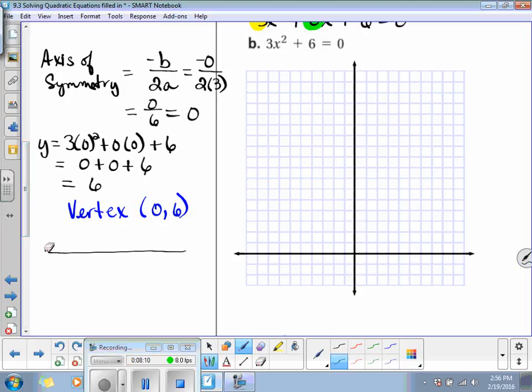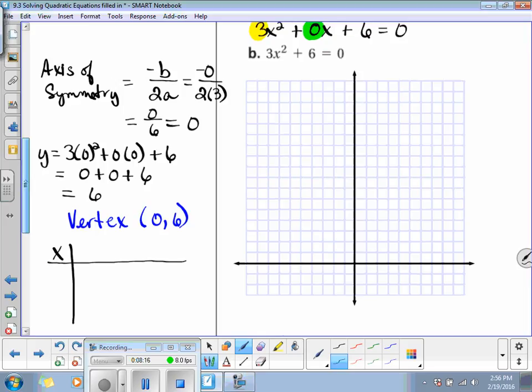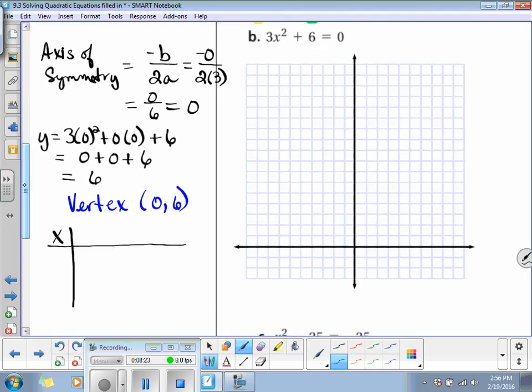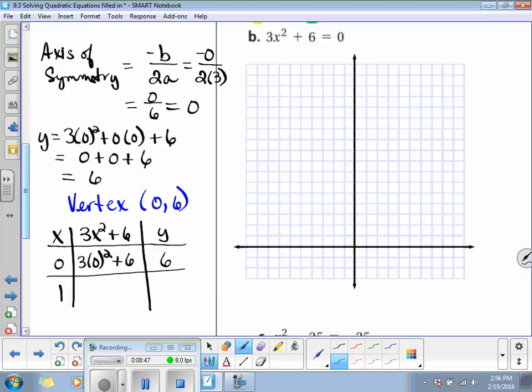We can leave the 0x out now, because we're just going to substitute in. So we're going to have 3x squared plus 6, and that's going to give us our y. So let's just do 0 and 1. We have 3 times 0 squared plus 6. That's going to be 6. Isn't that our vertex? Yeah, that's our vertex, right?